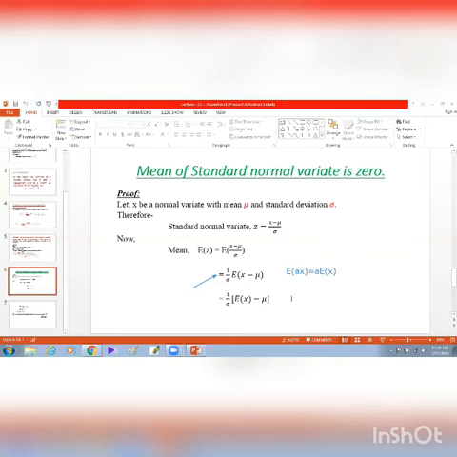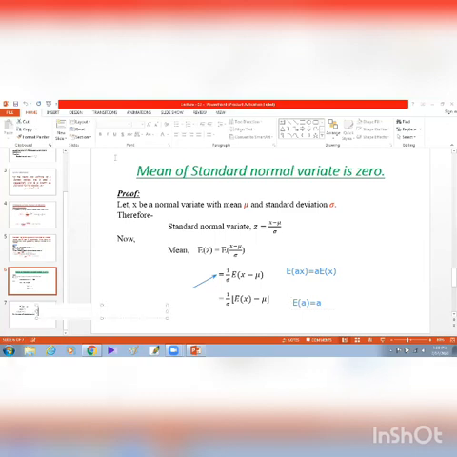There's another property, which is that the expectation of any constant equals that constant. So expectation of mu equals mu, and expectation of x, this is also the mean, and the mean of the normal variate is mu. So we will replace expectation of x with mu also, which is shown in the next slide.